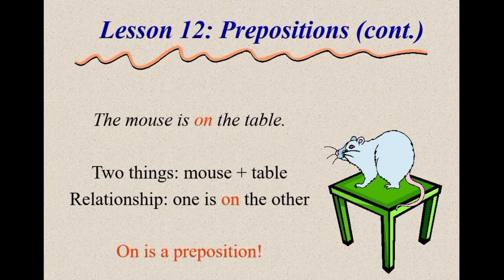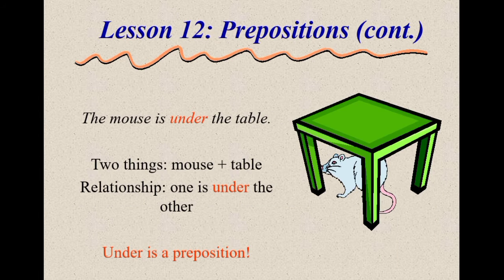Mouse and table are the things, and on shows their relationship. Mouse plus table alone means there is no connection, but we use on the table, so it shows the mouse is situated on the table. Okay friends, hope you have understood the relationship of two things in a preposition. So here on is the preposition.